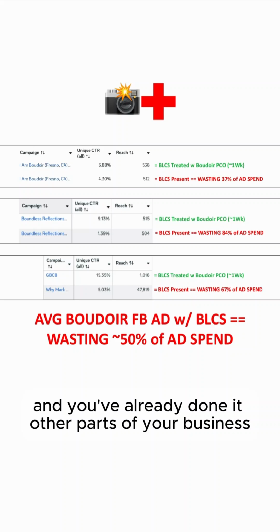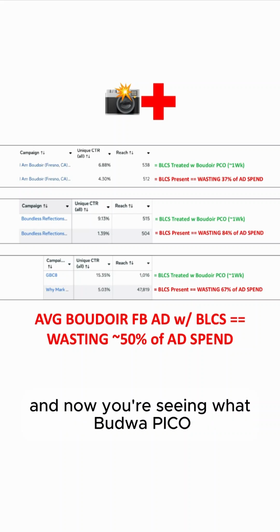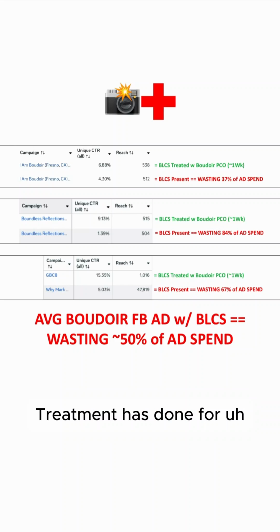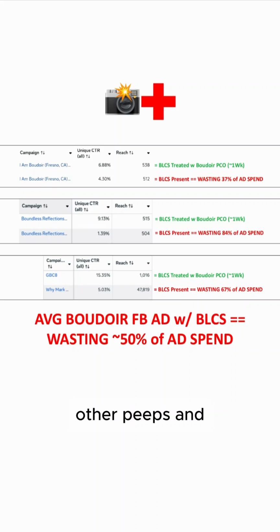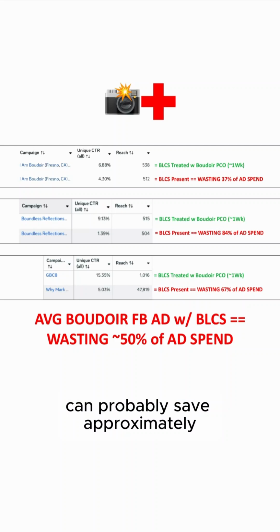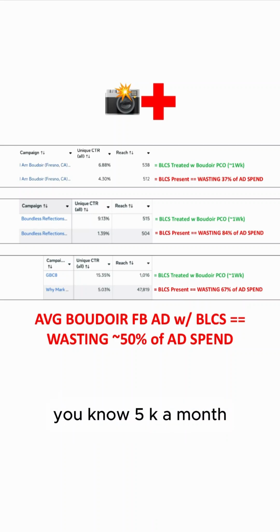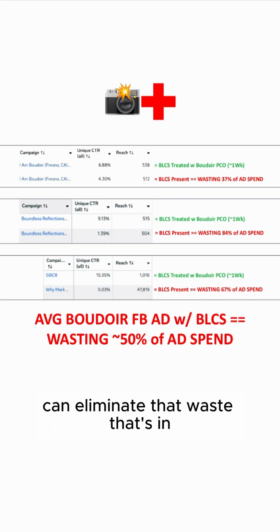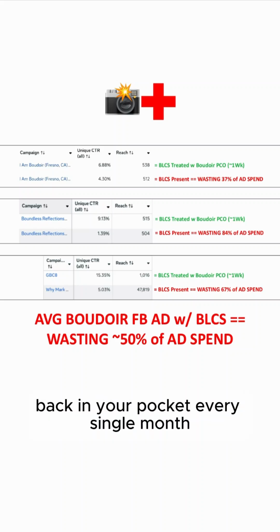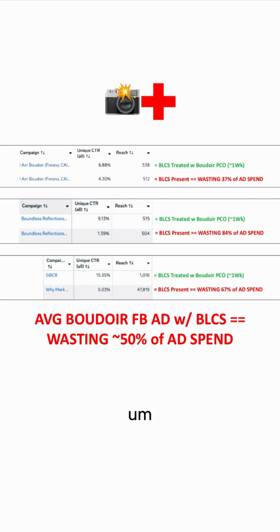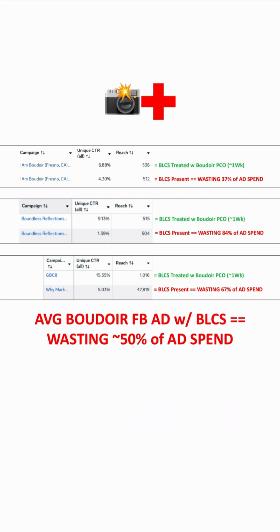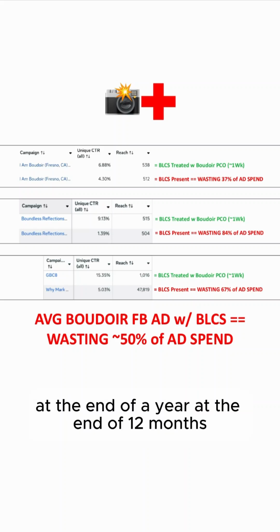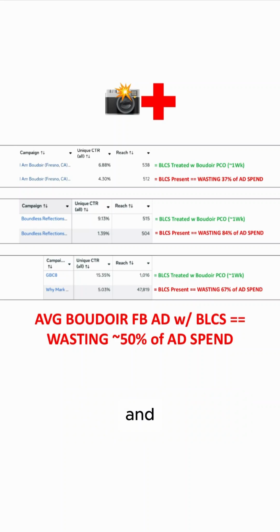And now you're seeing what the Boudoir Pico treatment has done for other Boudoir Facebook advertisers, and so you've already seen it can probably save approximately 5K a month. You can eliminate that wasted ad spend and put it back in your pocket every single month, and that'd be approximately 60K at the end of 12 months.